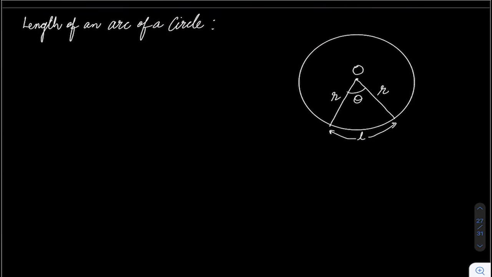Okay, next thing: length of an arc of a circle. As you can see, we have a circle with an arc AB of length L. The radius of the circle is R, and the angle subtended by this arc at the center O is theta.